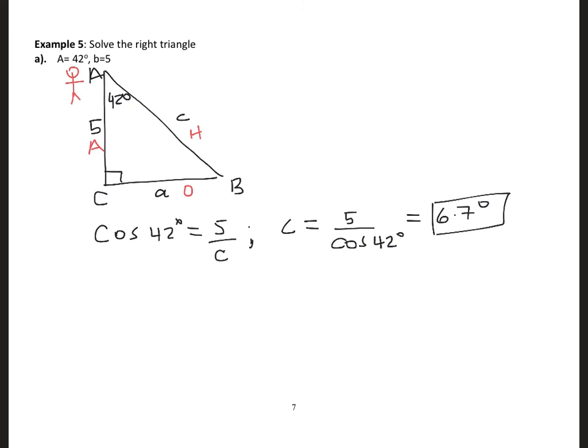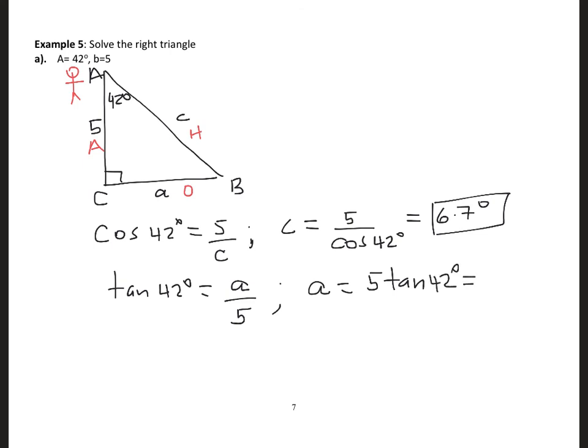Okay, we go to the next one. Now I need to find A. How am I going to find A? This one I have O and A. So tan of 42 is equal to A over 5. That means A is equal to 5 tan 42 degrees.